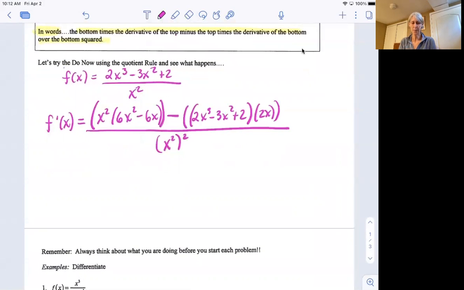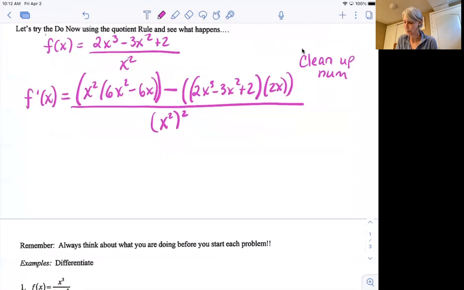We have to clean this up. We're just going to always clean up the numerator. And the bottom, because it's a monomial, I'm going to square it, but usually I just let you guys leave the bottom alone. So the numerator becomes 6x to the fourth minus 6x cubed.